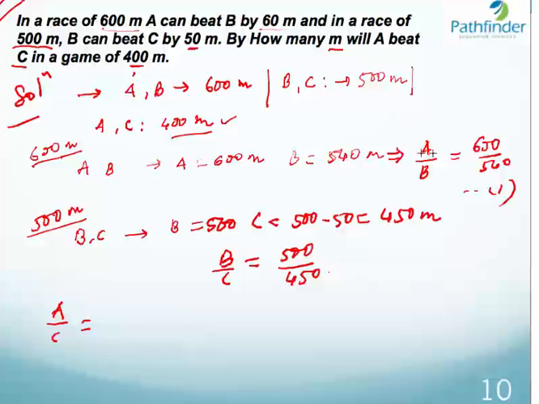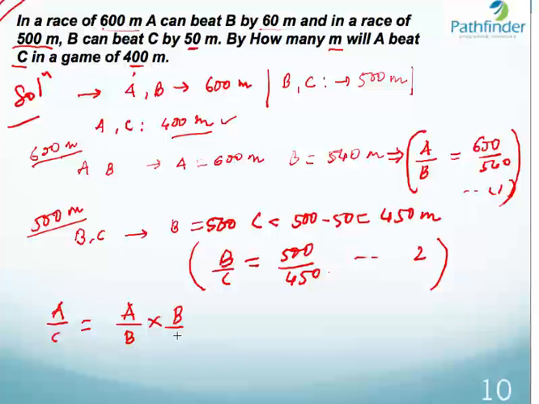So we can see from equation 1 and equation 2 that A by C will be equal to A by B multiplied by B by C. So which means 600 upon 540 into 500 upon 450, and if you simplify this, you will get the ratio of A upon C as 100 upon 81.